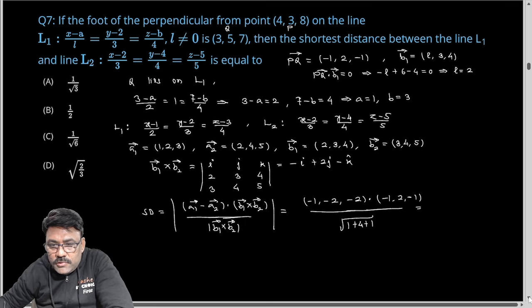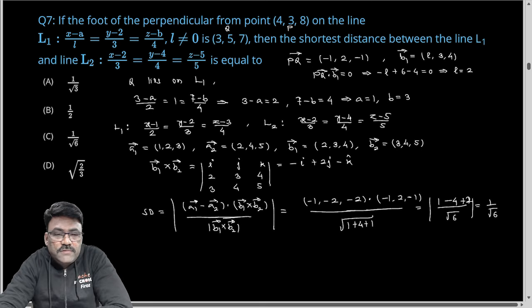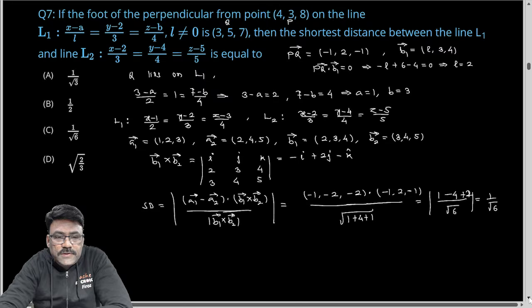Now let's take the dot product: minus 1 into minus 1, plus minus 2 into 2, plus minus 2 into minus 1, divided by root 6. The absolute value of this will be the shortest distance. The shortest distance is 1 by root 6. Means C option is the correct option here, right?